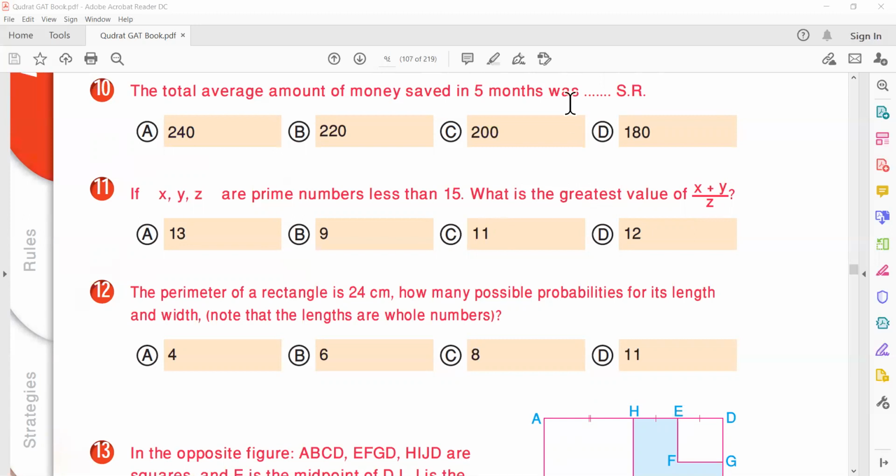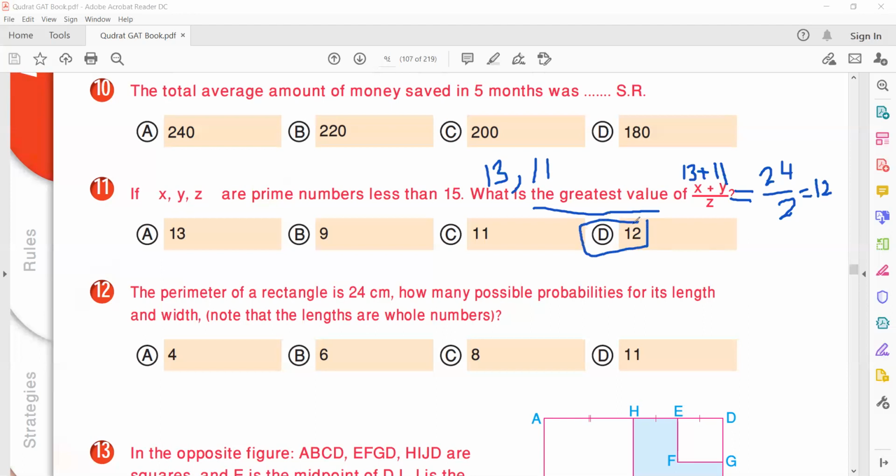It is 13 and 11. Because I want the greatest value, I write 13 plus 11 divided by 2. 13 plus 11 equals 24 over 2. The answer is 12, right? So the answer is D. Then the answer D is correct.